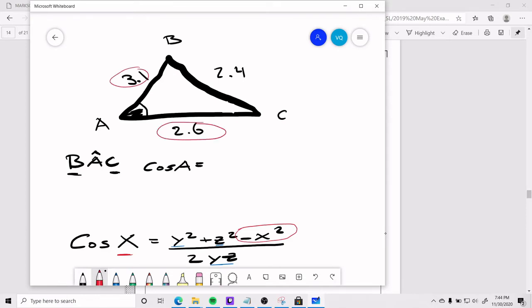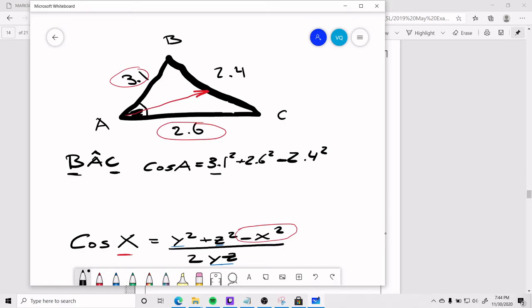This would be my y and my z. We have 3.1 squared plus 2.6 squared minus 2.4 squared, okay? And it's minus because this angle A is paired to that distance here, okay?